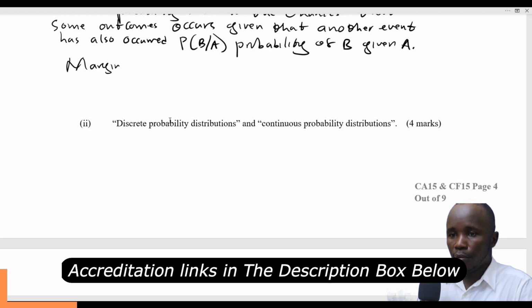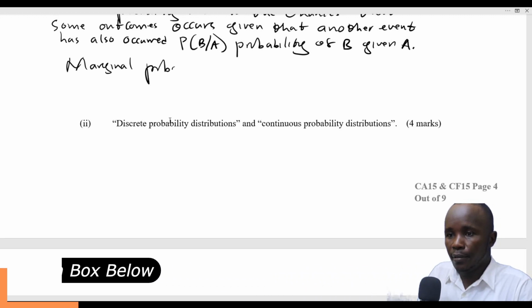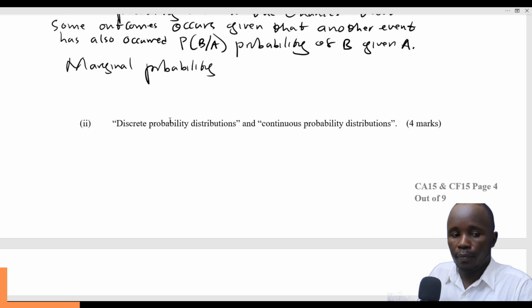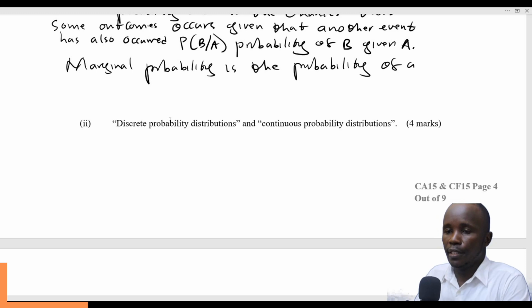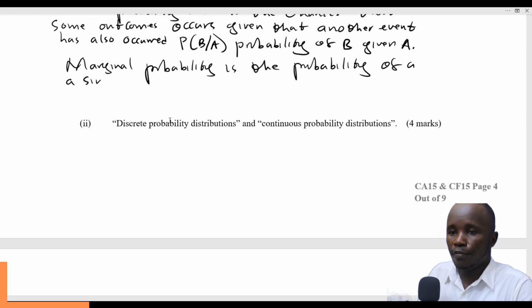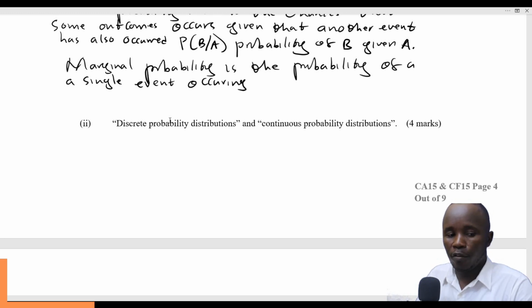Then marginal probability. We are saying that is the probability of a single event occurring independent of other events.